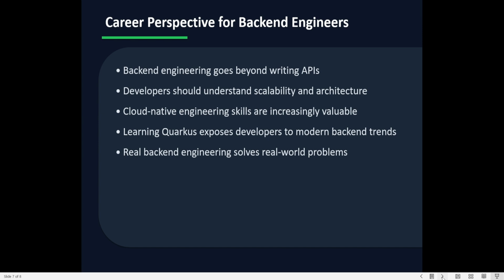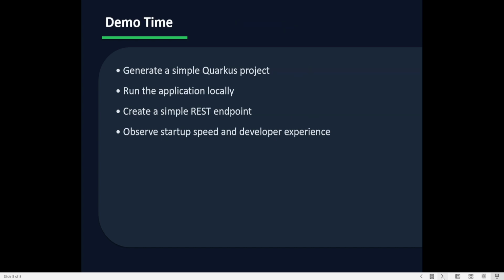Backend engineering is not about memorizing frameworks. It is about building scalable, reliable, efficient systems that solve real-world problems. And this is important because it helps us understand why it's important to always be abreast with new technologies that are evolving to solve real problems.